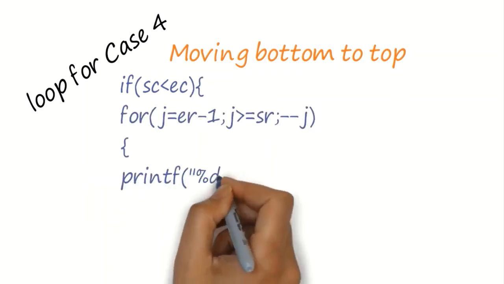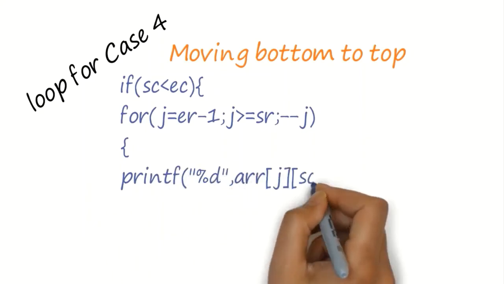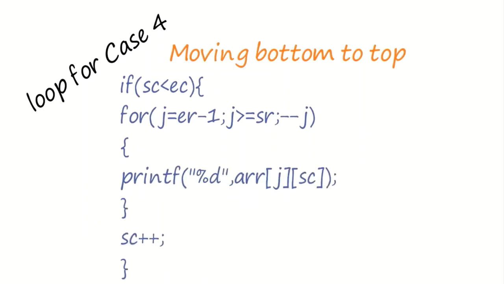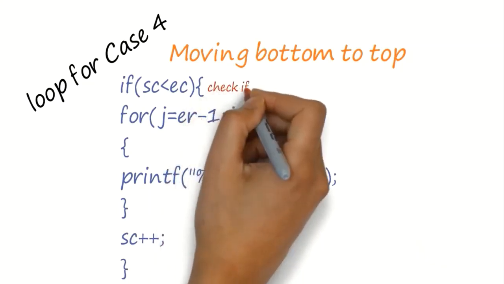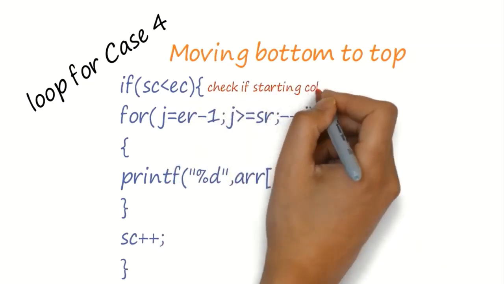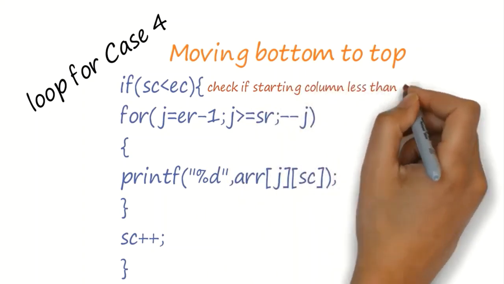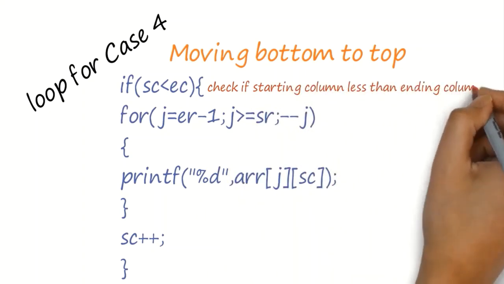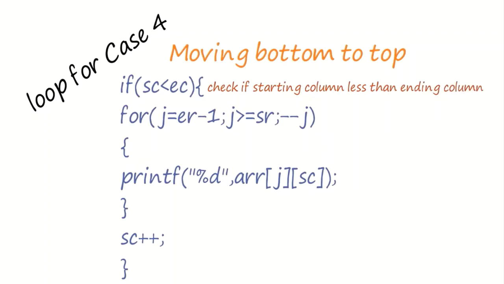Since we are proceeding from bottom to top, the row is changing and the column is fixed, and the starting row will be ER - 1, because in the third case we have already printed the first element of the last row. And after completion of the loop we have to proceed to the next column, which is situated at the internal part of the matrix, that's why SC++.